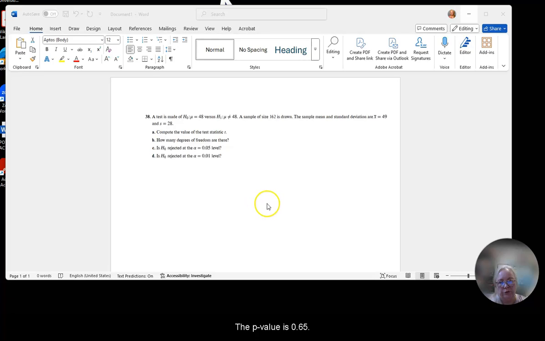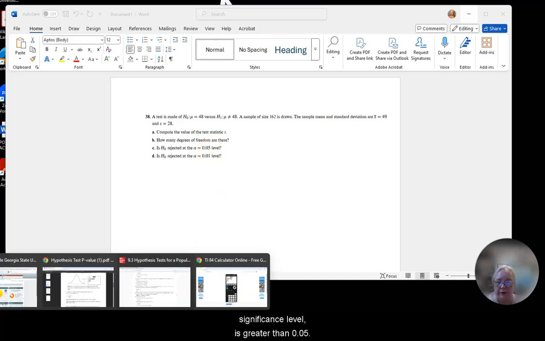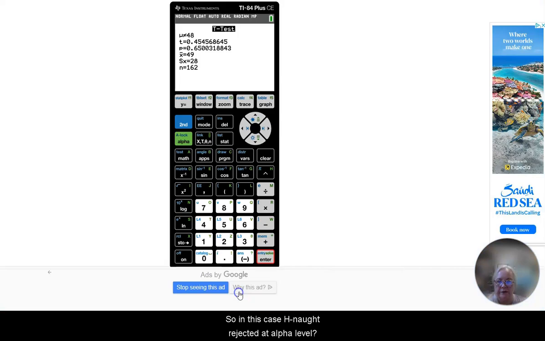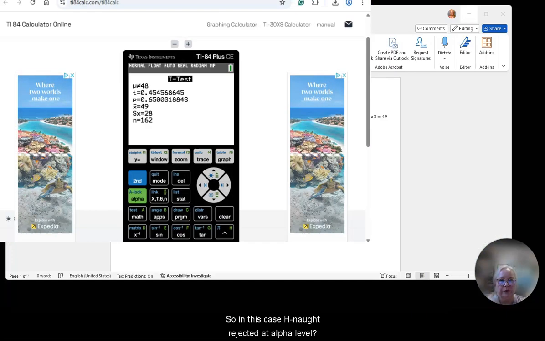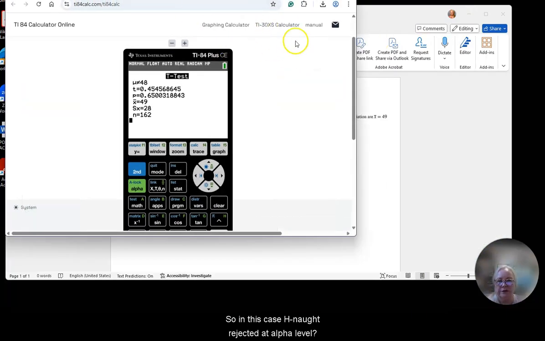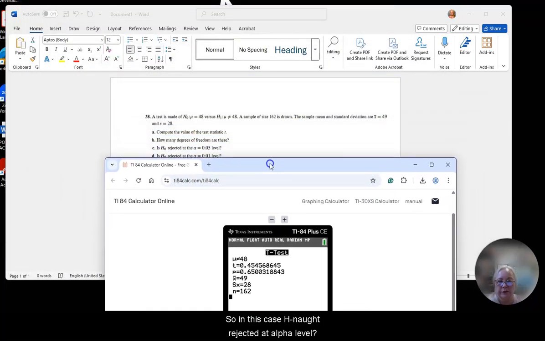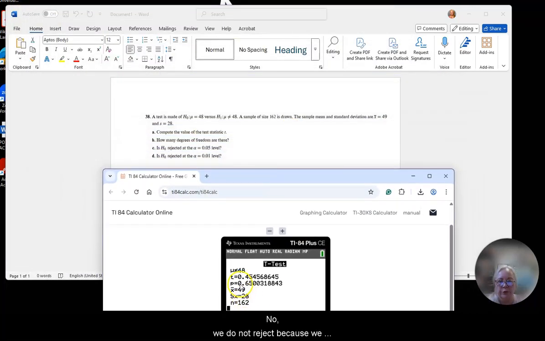So in this case, is H naught rejected at this alpha level? No, we do not reject, because we would reject if the p-value were less than 0.05, but in our case the p-value was 0.6500.